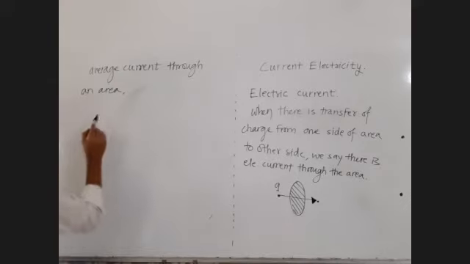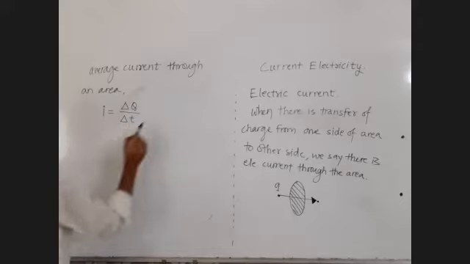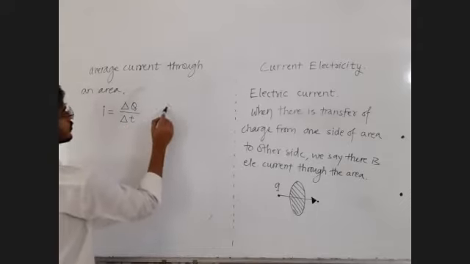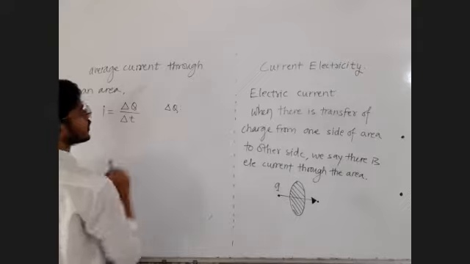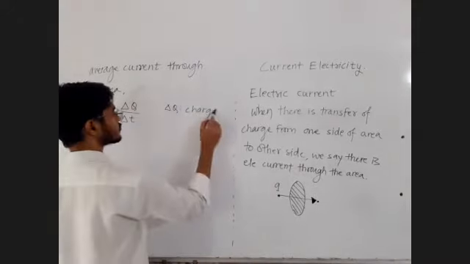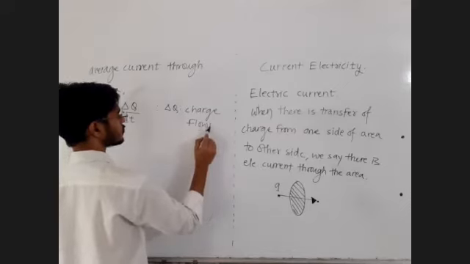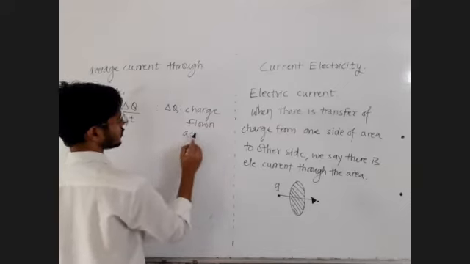Average current through an area is equal to I is equal to delta Q, the charge flown through the area, divided by the time required to flow that charge. Delta Q is the charge flown across the area.